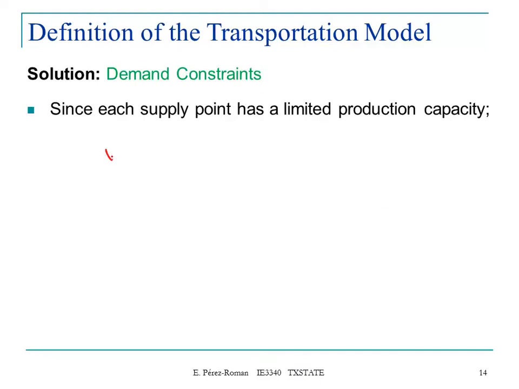So you're going to have x11. So that means that plant 1 is going to supply city 1. Then x21, plant 2 is going to supply city 1, plus x31. Same for this, this is city 1.